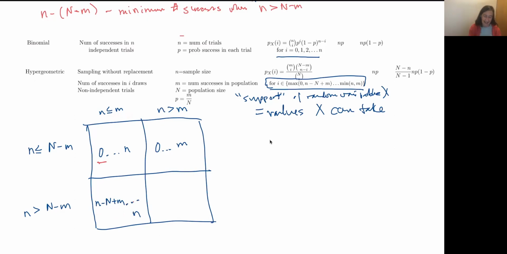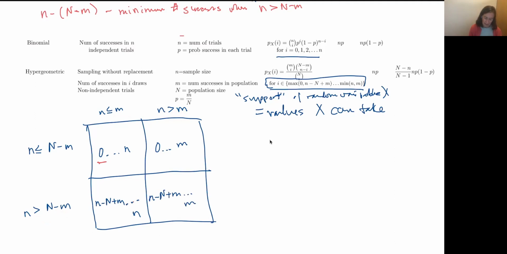And then in the case where both these things are true, we have to worry about running out of failures in the population and running out of successes, then our lower bound is n minus (N minus m) and our upper bound here is m. Okay.